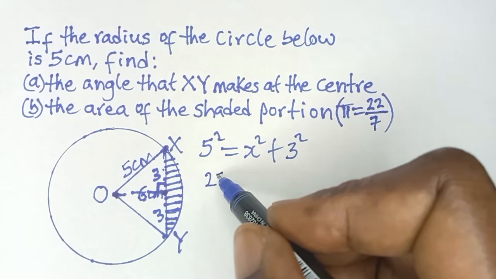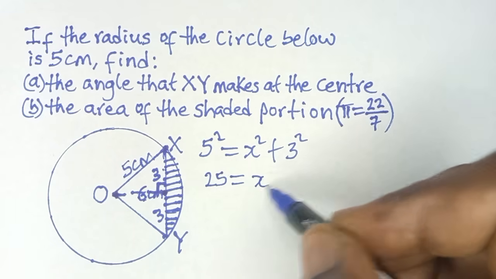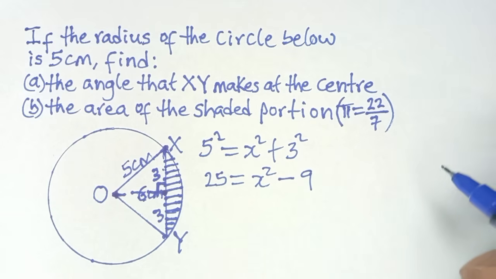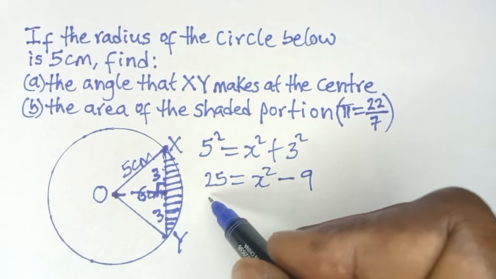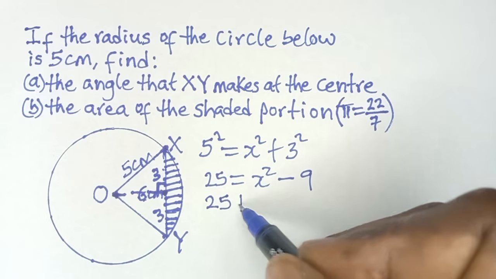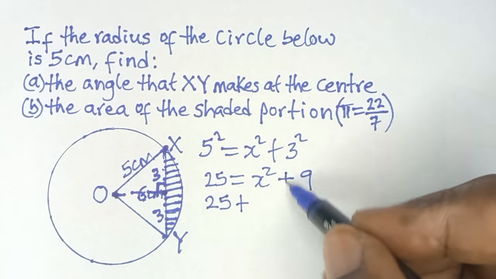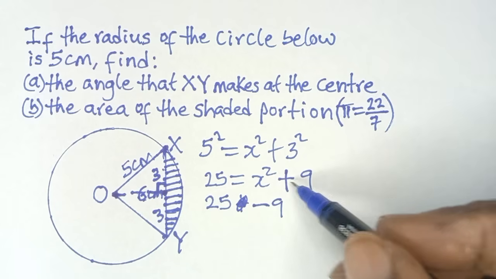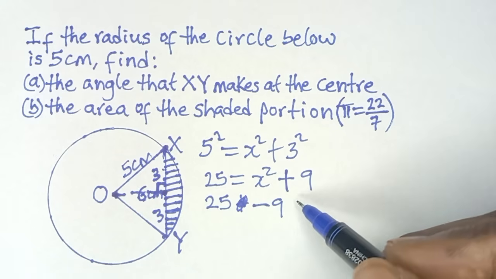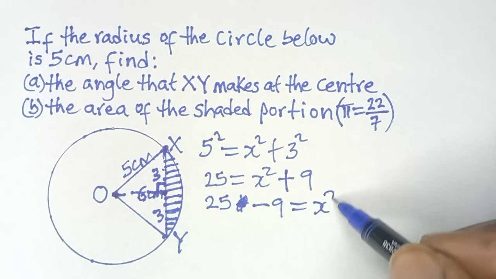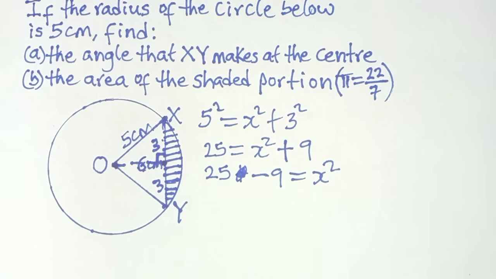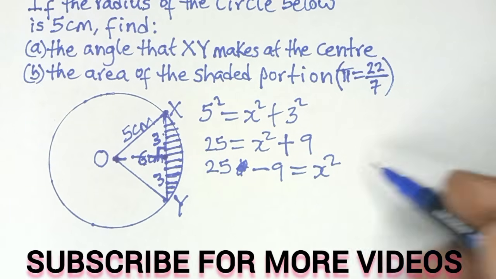And then 25 is equal to x squared plus 9. So 25 minus 9, when this plus 9 comes to this side, becomes minus 9, is equal to x squared. And then from there, we can get the value of x.